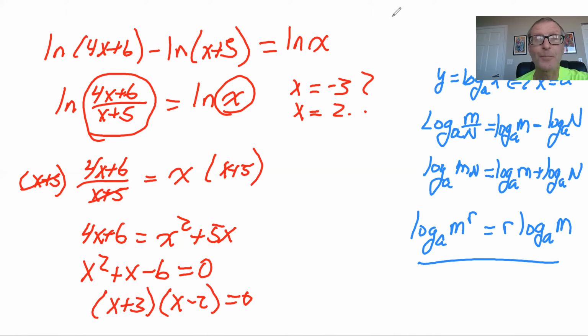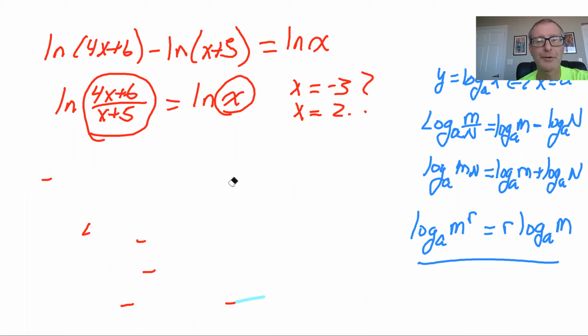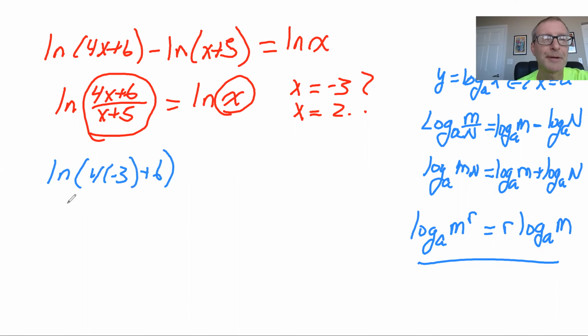You got to check them. And so to do that, you plug it into the equation. And I need a little space here, so let me erase this part here. And so when we plug it into the equation, we start with minus 3, and you'll see right away that 4 times minus 3 plus 6, that would be natural log of minus 6.